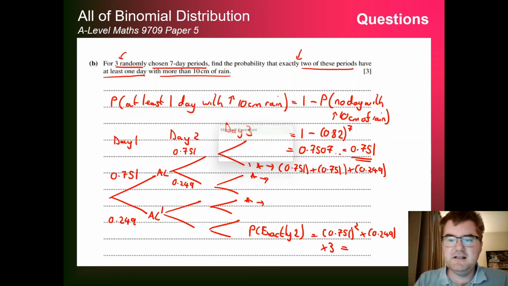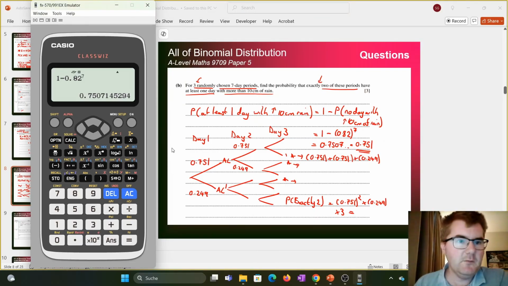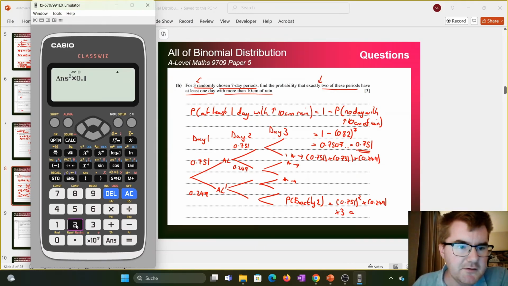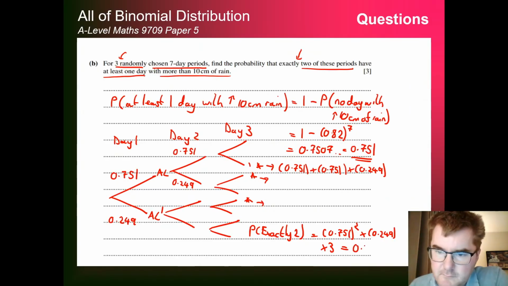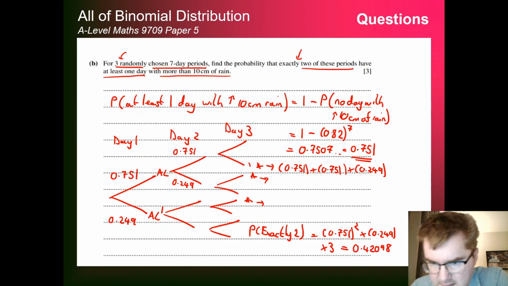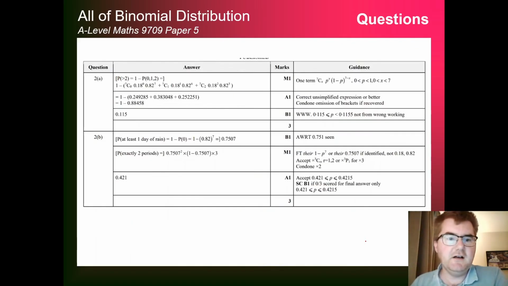So if we put this into the calculator, we have squared times 0.249 times 3. This gives us 0.42098, which then rounds to 0.421 to answer our question here.